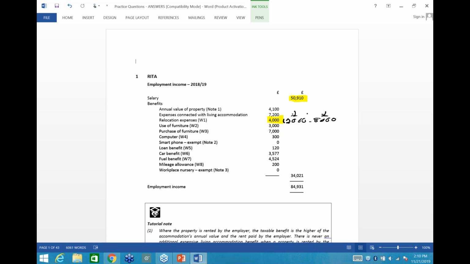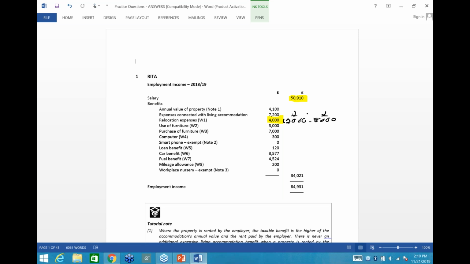It's a rented house. In such a situation, this is how you should calculate the basic charge. It is the higher of the annual value of the property or rent paid by the employer. From the two amounts, you take the higher amount. That should be treated as your accommodation benefit.